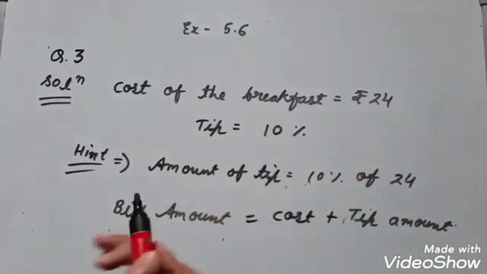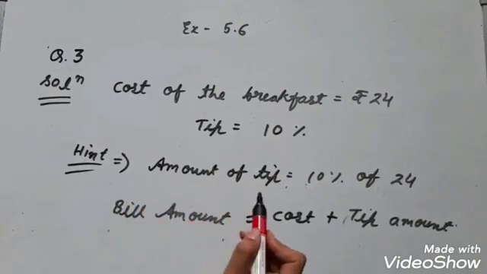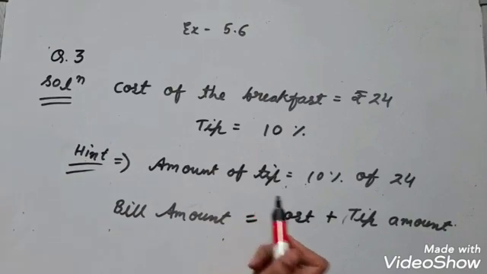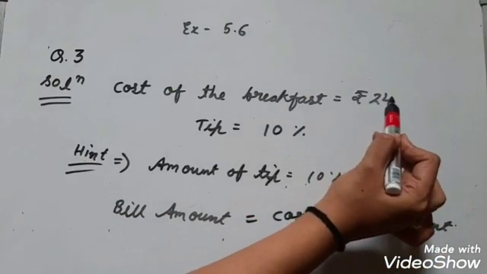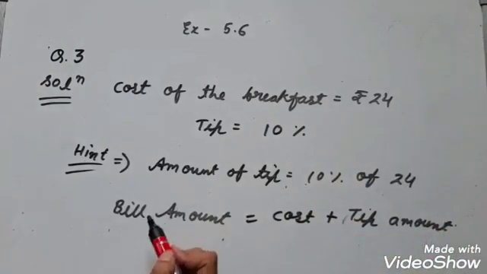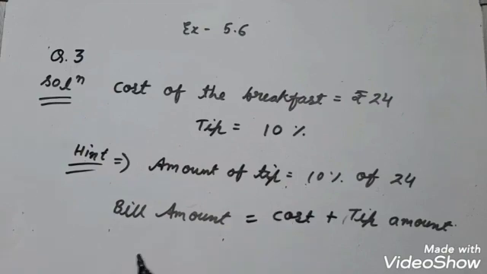So I am giving you hint for this question. For that you have to find out amount of tip. So find 10% of cost of the breakfast, that is 24. After finding this amount of tip, you add cost and tip amount for finding the bill amount, and after it you will get your answer.